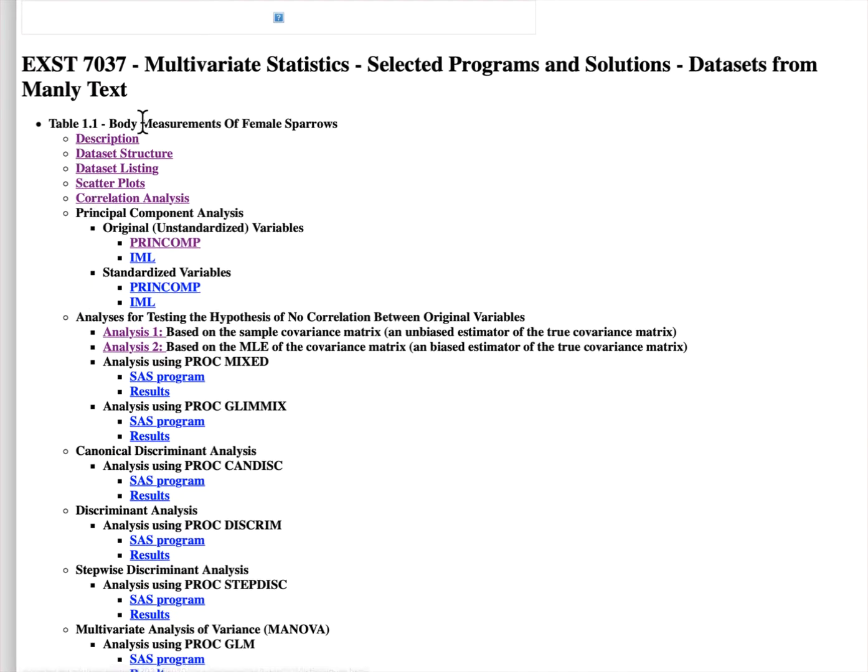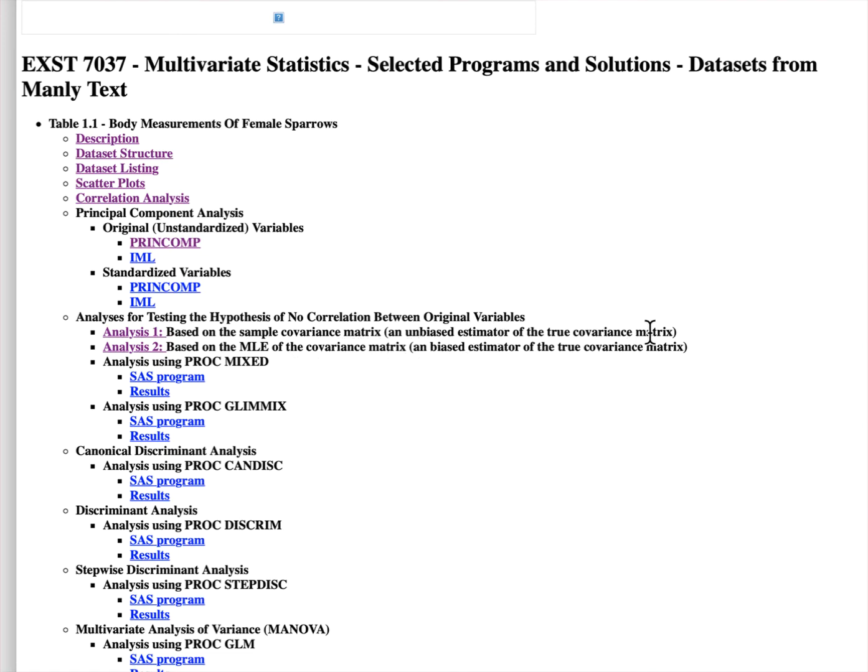If you look here under the same set of analyses, I have analyses for testing the hypothesis of no correlation between the original variables. We have two analyses, and you'll see that we get the same results for both. The first analysis is based on the sample covariance matrix.